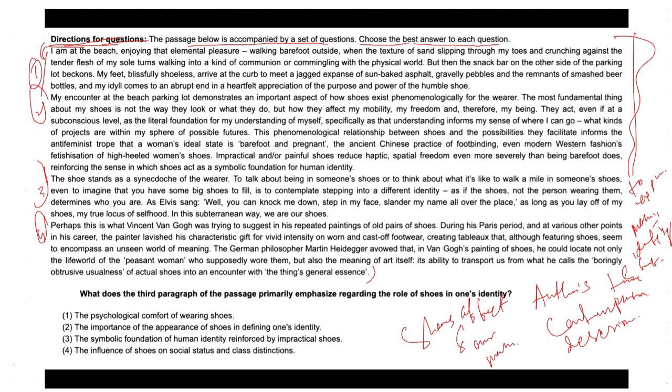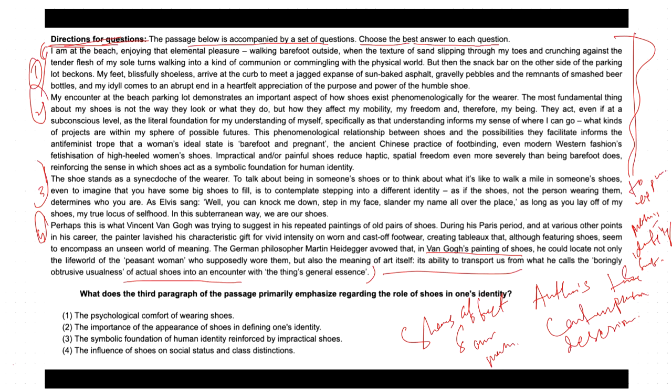At the end, the passage concludes by alluding to Van Gogh's painting of old shoes, and how they symbolize the essence of art and the hidden meaning within everyday objects. It reinforces the idea that shoes are deeply intertwined with human identity and experience. These are the important elements of the text.